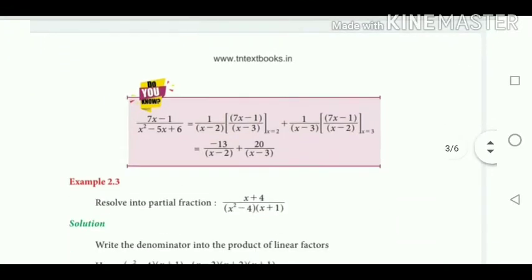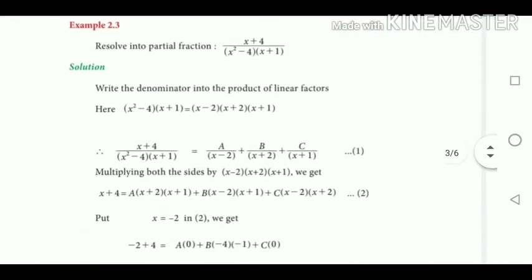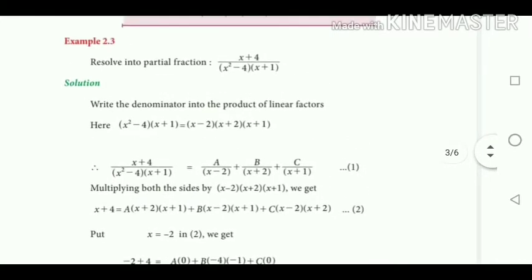The next one, 2.3, resolve into partial fractions. The question is to resolve into partial fractions x plus 4 divided by x square minus 4 into x plus 1.